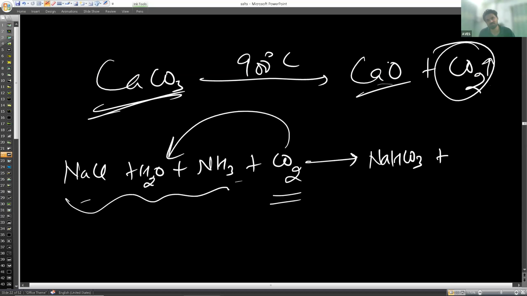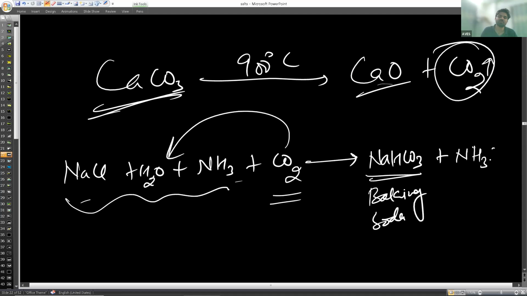This gives you baking soda and NH4Cl, ammonium chloride. The baking soda forms a precipitate, and we filter it, while the ammonium chloride remains in aqueous form in water. Baking soda is formed in solid state. Now, Harshit, explain to me how baking soda is prepared.